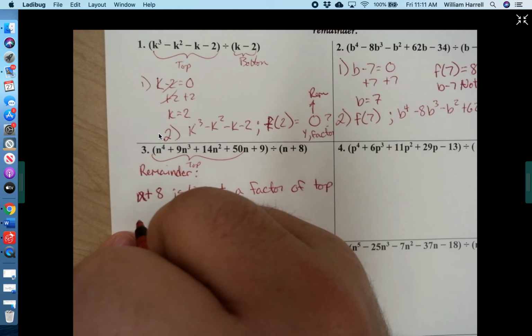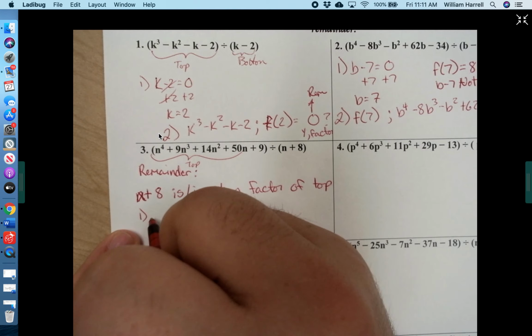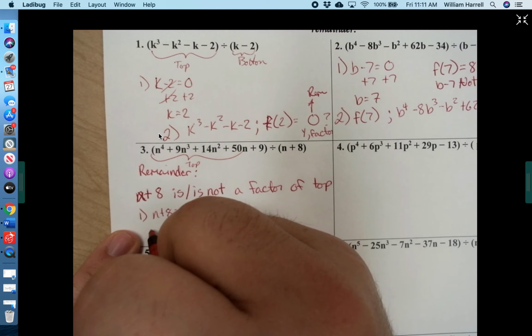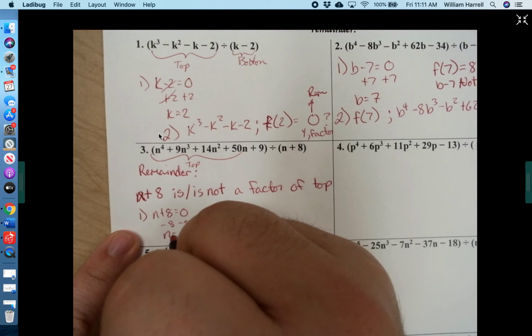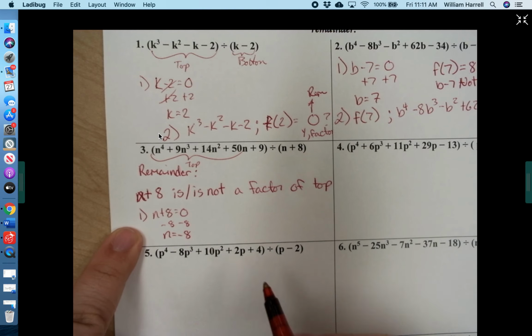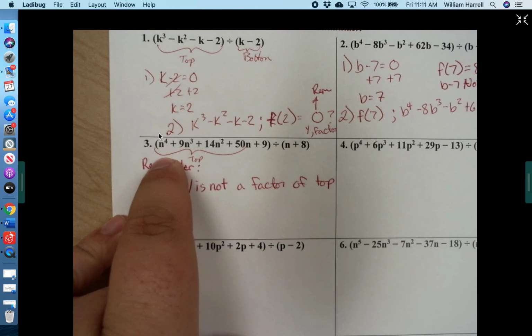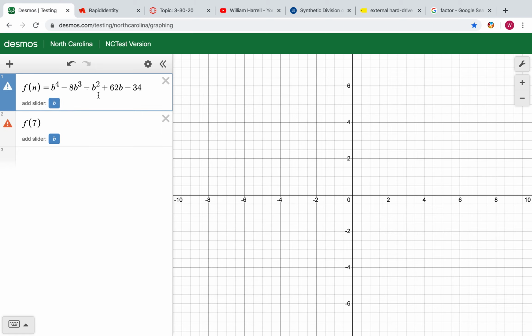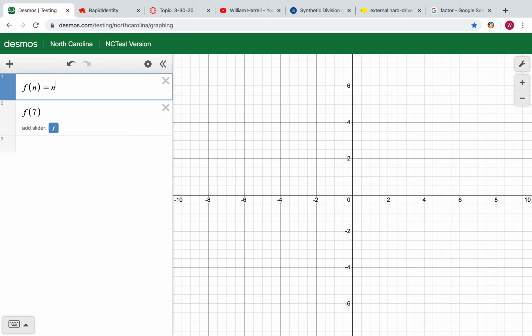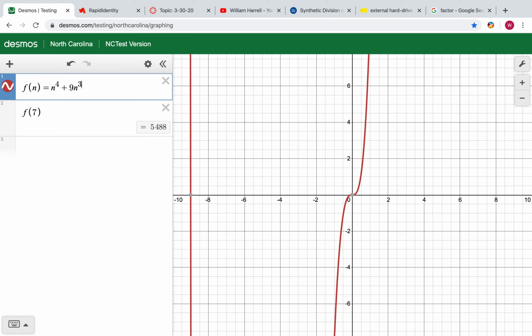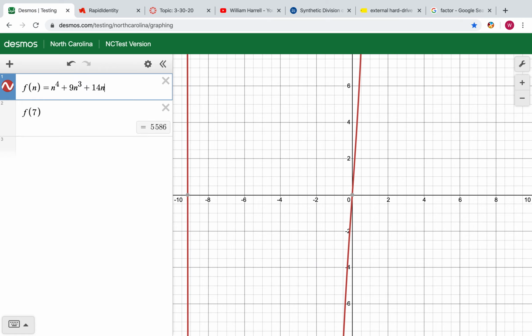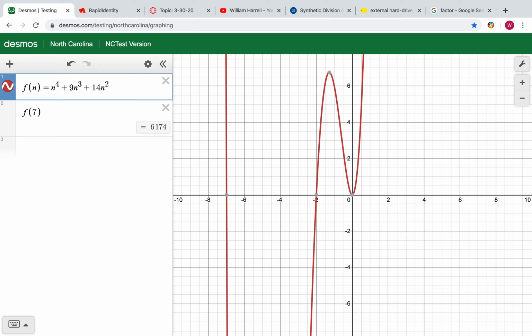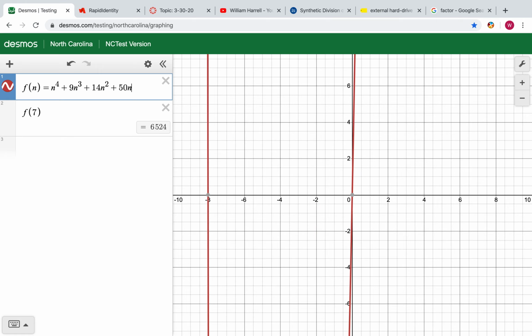Really quick. Step 1, set bottom equal to 0. n plus 8 equals 0. Subtract 8, subtract 8. n equals negative 8. I'm going to then plug this into my top. f of n equals n to the fourth plus 9n cubed plus 14n squared plus 50n plus 9.